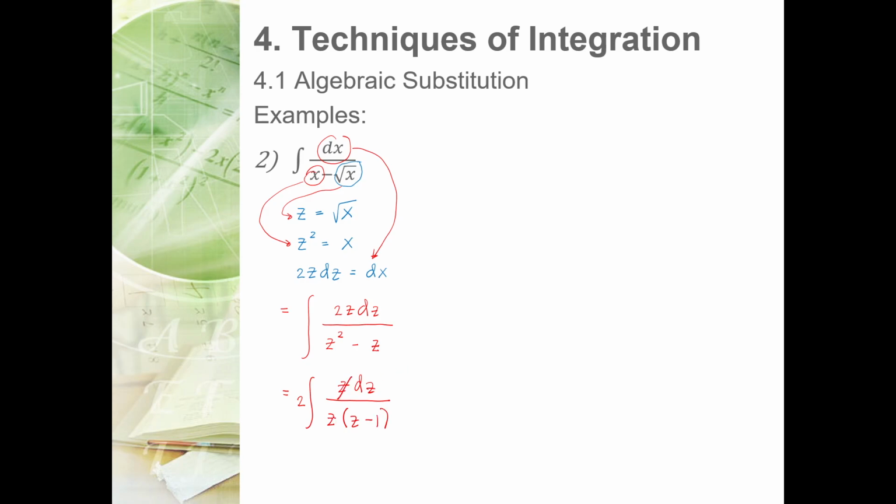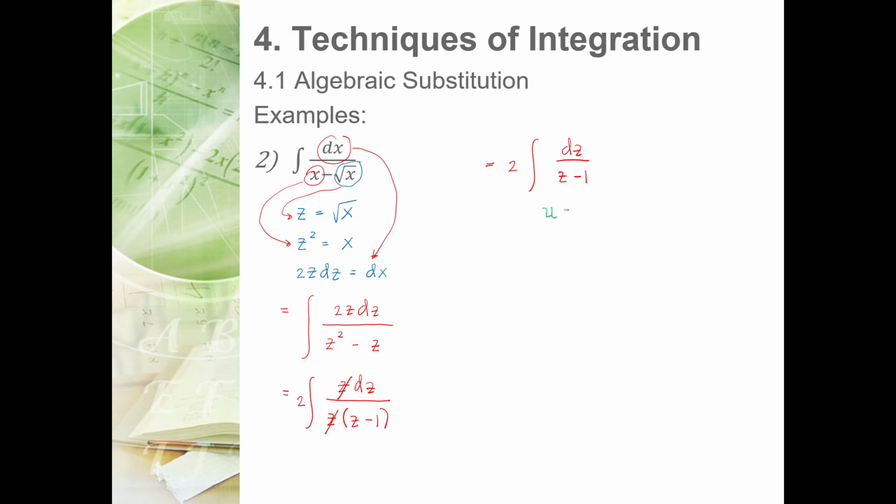Okay, so cancel out z, and this gives us 2 integral of dz all over z minus 1. Of course the answer for this one is the ln, the du over u. If you want to verify it, just try to use u sub, right?